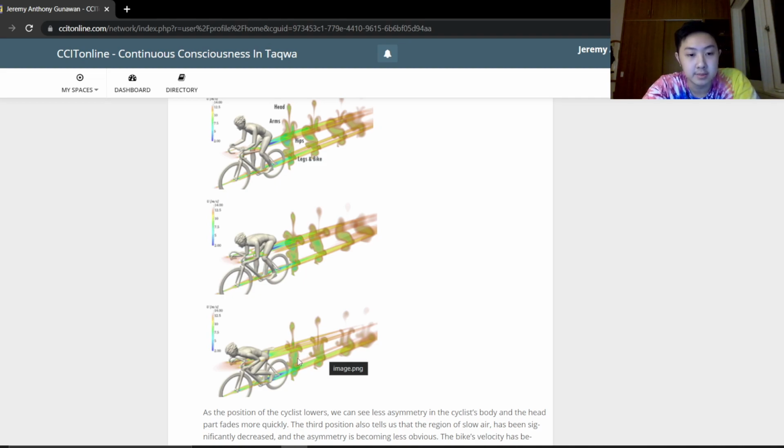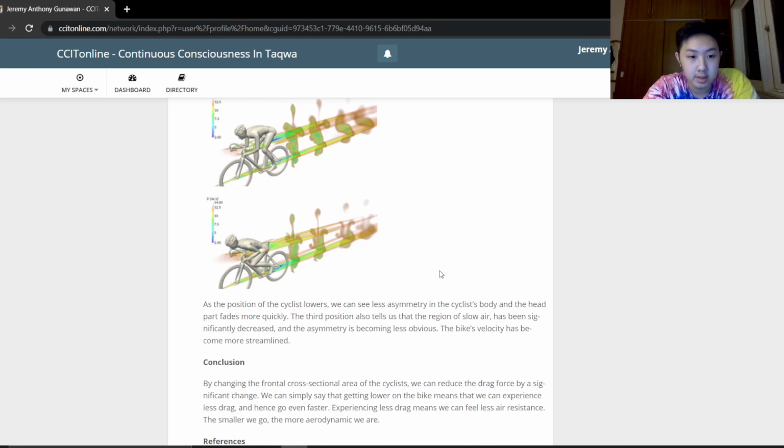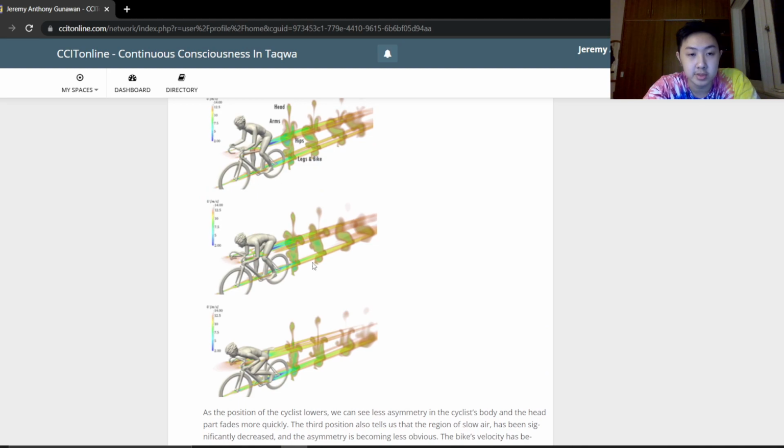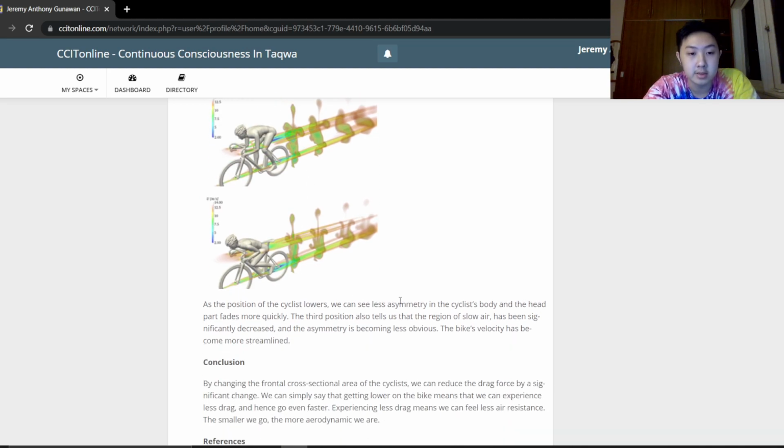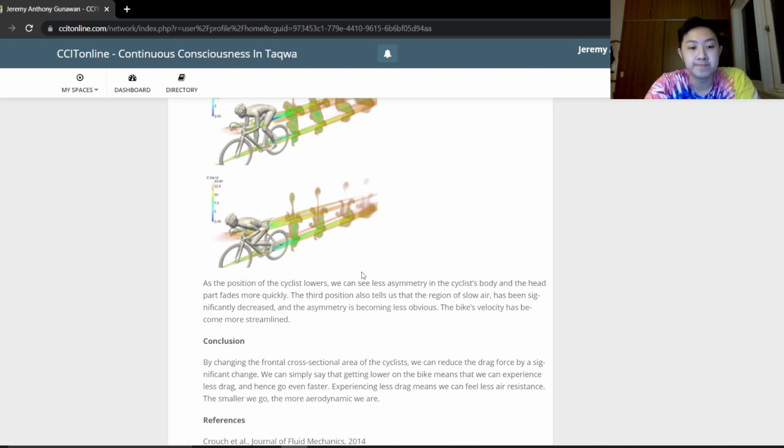Basically, it becomes less obvious to see that it's an asymmetry, because as our position lowers, the region of the slow air, which is the blue colored region, is significantly decreased. That's why the bike's velocity has become more streamlined, becoming more of a line than a huge area.